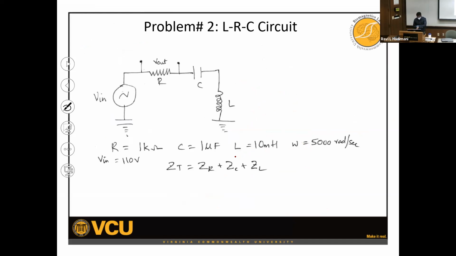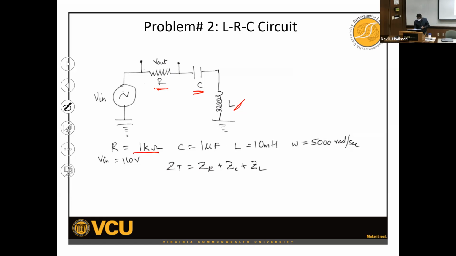So we have 10 more minutes, and I will solve one more example. Okay, so we'll make the circuit slightly more complex now. Now we have an inductor, a resistor, and a capacitor. So here is the resistor, here is the capacitor, and that is the inductor.